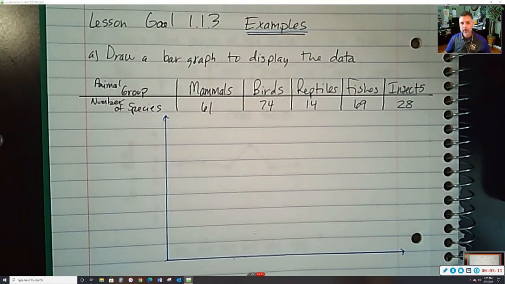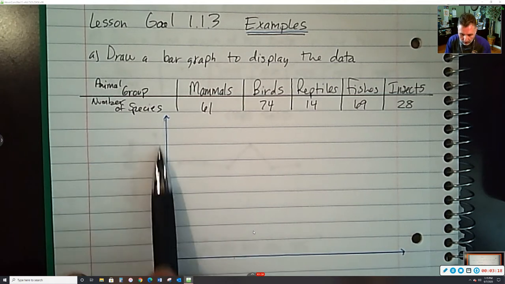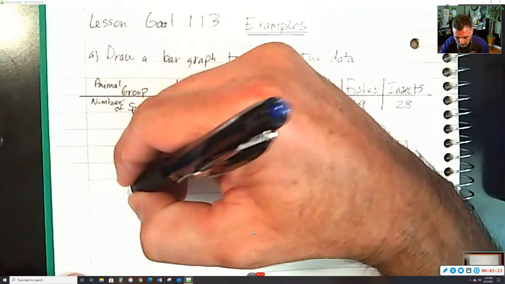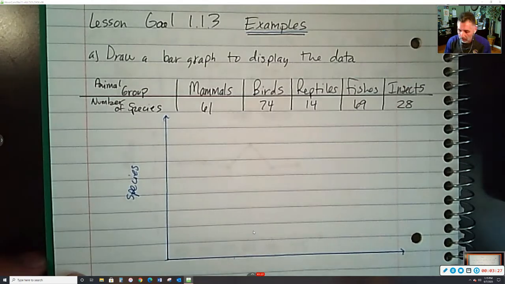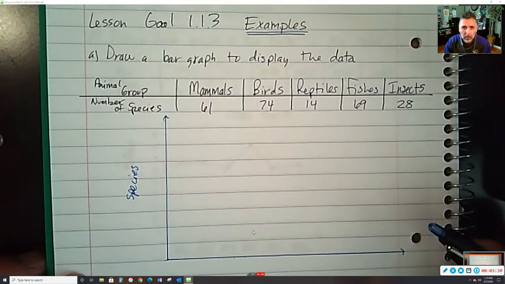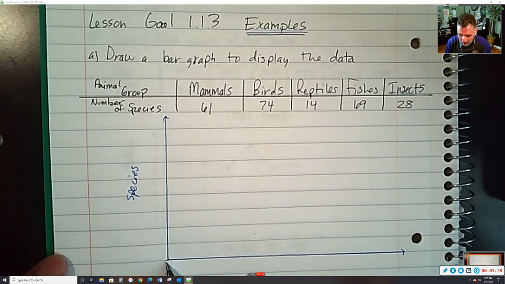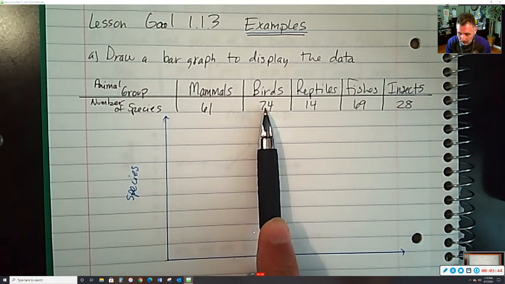Again, make it kind of L-shaped, right? And then across this way, I'm going to put species, or the number of species. I'm like you. I want to write the least I can, so I'm just writing species instead of number of species. And if you look, our smallest number, we should start at 0, and then the highest number we need to go to has to be at least 74, so I'm going to shoot for 80.